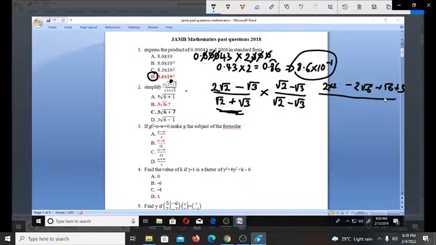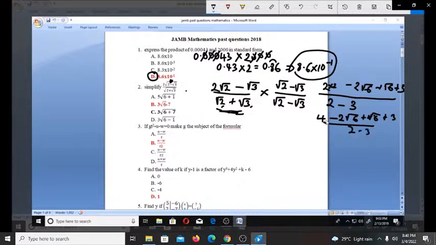So that's what we're going to have all over. If you're multiplying two conjugates, we're going to have the first one squared minus the second one squared. The first one is root 2, squared is going to be 2, minus root 3 squared is going to be 3. So we now have 4 minus 2 root 6 plus root 6 plus 3, all over 2 minus 3.